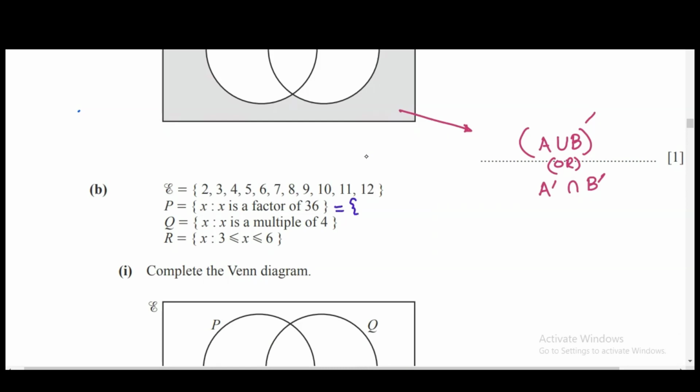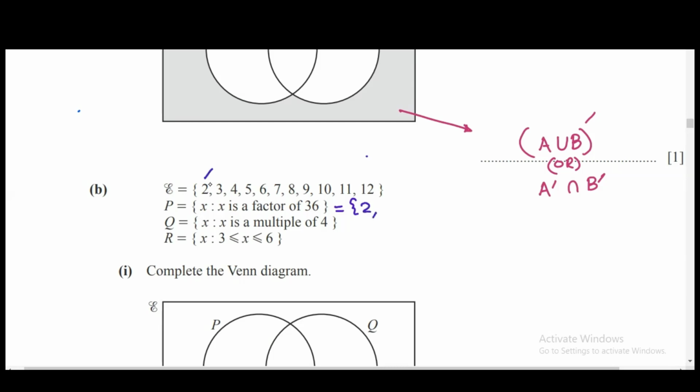Factor means, from this, which number divides 36? So 36 is divisible by 2. This is a factor.